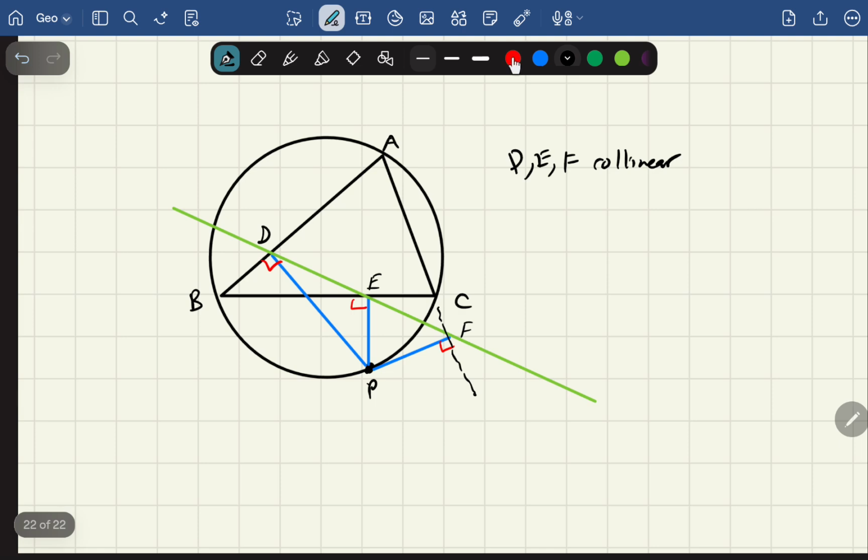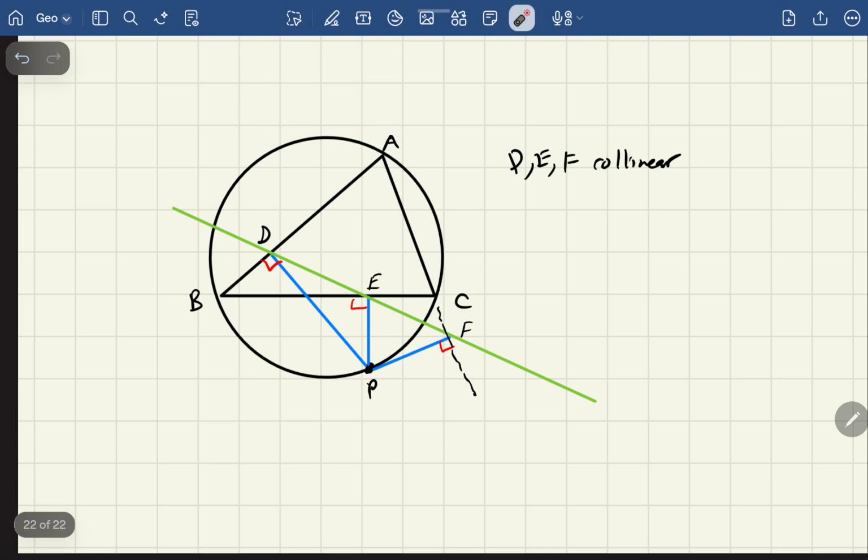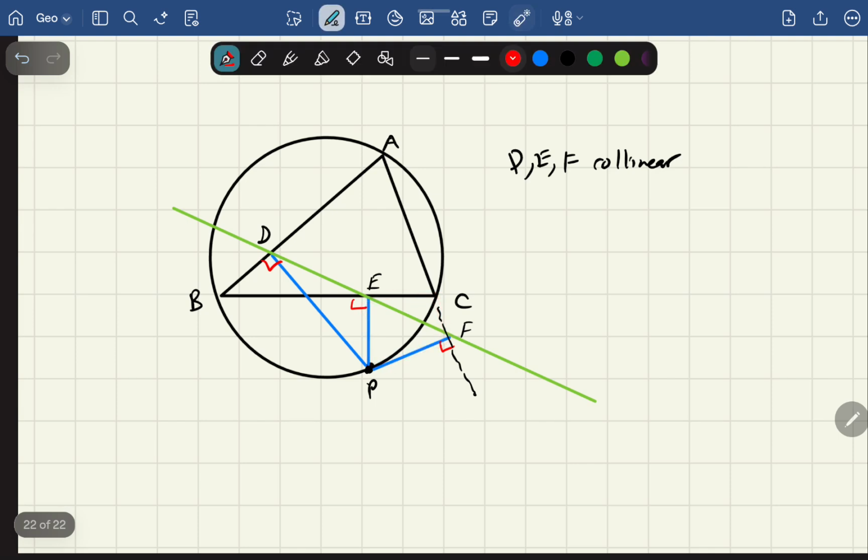So we notice that these two are both right angles, and then these two are also both right angles. So what does that suggest? That suggests drawing some more circumcircles. And these won't be accurate, but they'll be good enough.